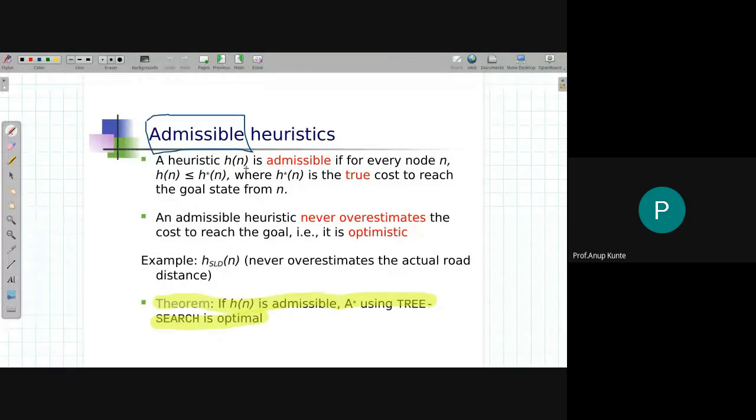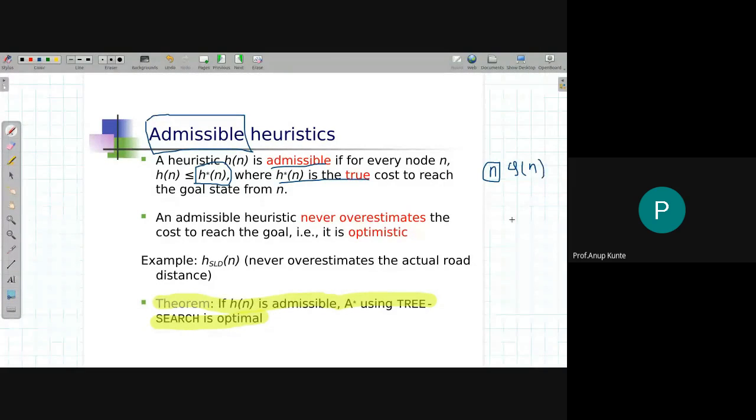A heuristic h of n is admissible if for every node n, h of n is less than or equal to h star of n. Now, what is h star of n? H star of n is the true cost. So what does true cost mean? Say I am at node n. I've already incurred cost reaching node n as g of n.